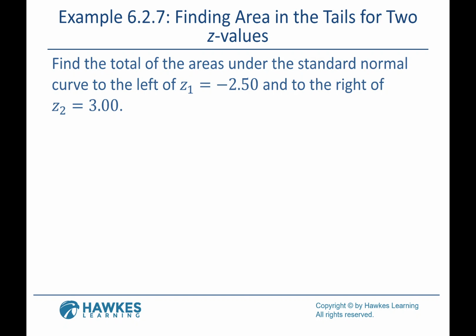This one says find the total of the areas under the standard normal curve to the left of negative 2.50 and to the right of 3.00.